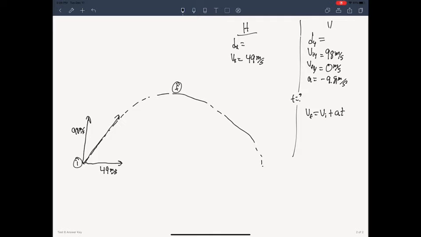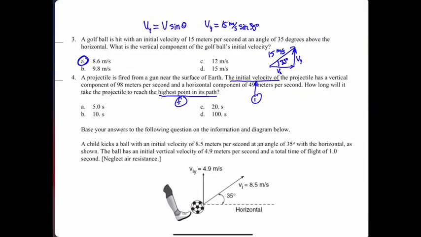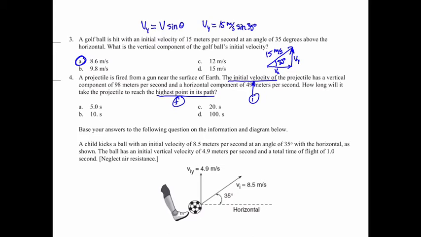So Vf is 0 meters per second, Vi is 98 meters per second, minus 9.81 times T. Subtract over the 98, we get negative 98 equals negative 9.81 T, divided by negative 9.81 on both sides. This cancels out, and T comes out to be about 10 seconds. And that's our answer.